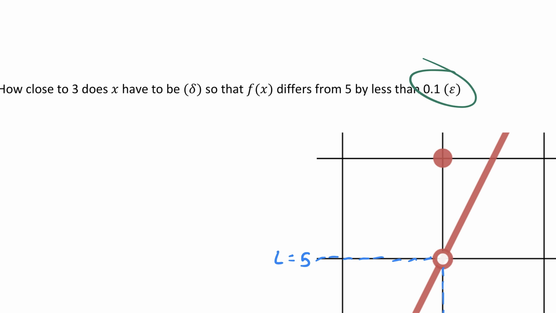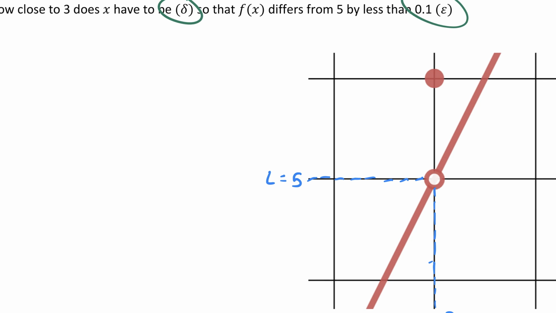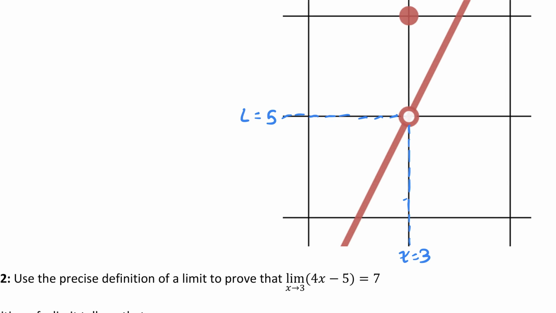The question says we want the margin of error to only be 0.1. We want epsilon to be 0.1. And then if epsilon is 0.1, what is delta so that any x value picked within delta of 3 will give us a y value within 0.1 of 5? Let me show that on this diagram. I'm going to exaggerate 0.1 a little bit, just so I have a little bit more room to draw on here.